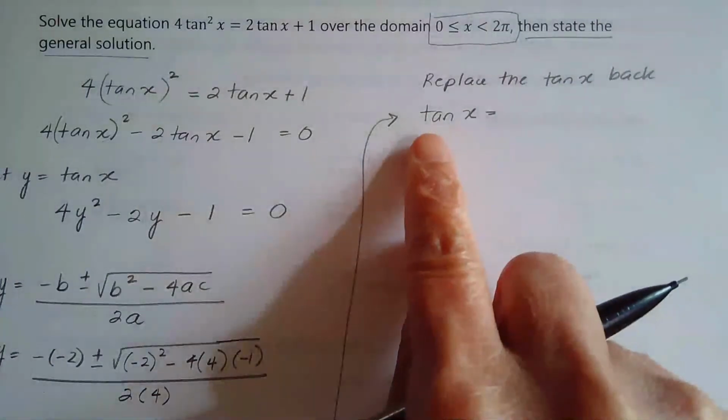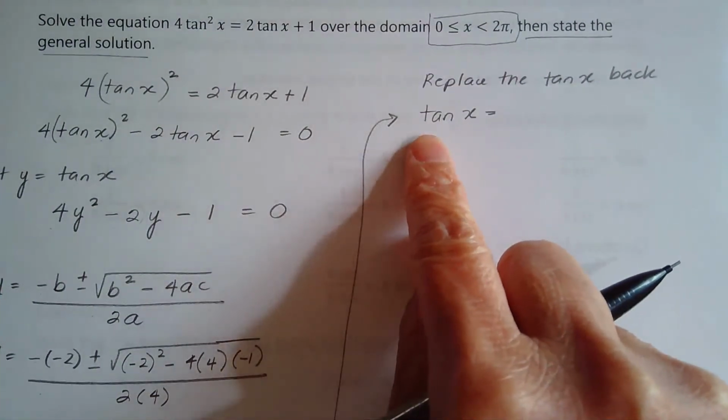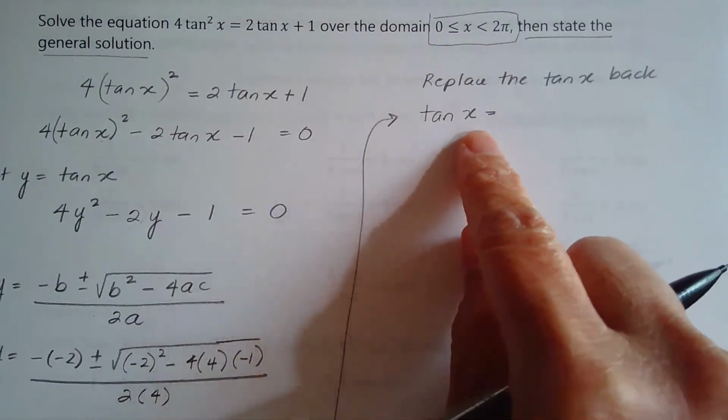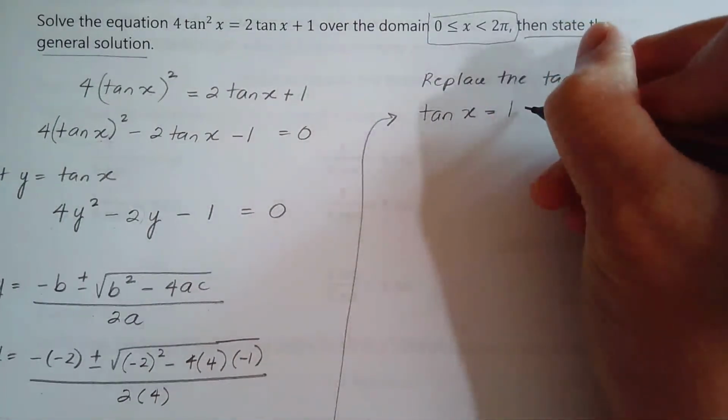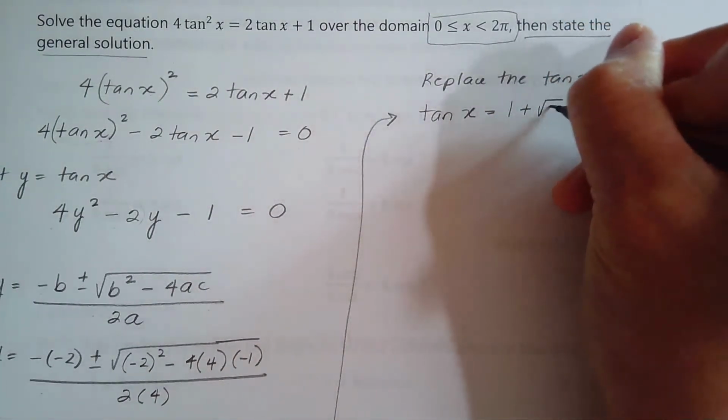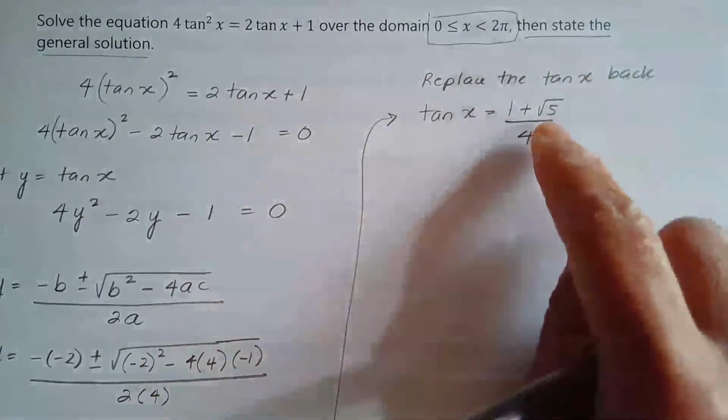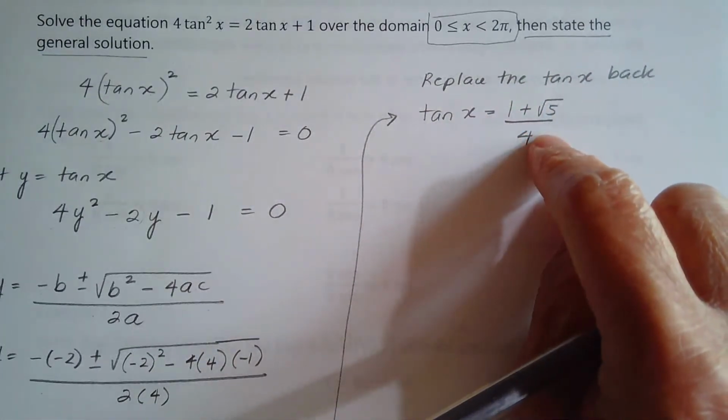Instead of y, we're going back to tan of x. Tan of x equals 1 plus root of 5 over 4. So that's whatever that solution is.